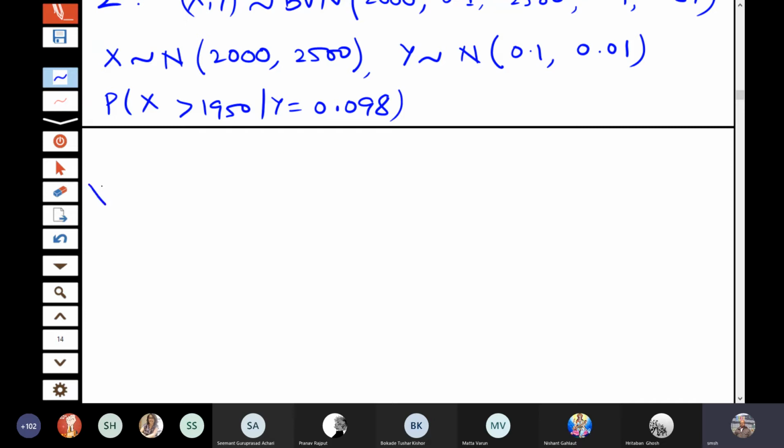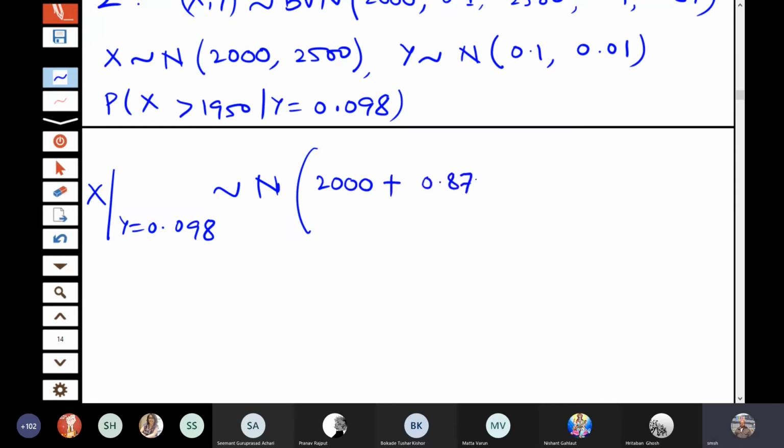So I will need the conditional distribution of x given y equal to 0.098. This formula we know, it is mu1 plus rho sigma 1 into (y minus mu2) divided by sigma 2, where y is 0.098, mu2 is 0.1 and sigma 2 is 0.1.